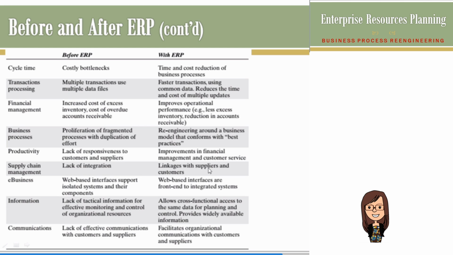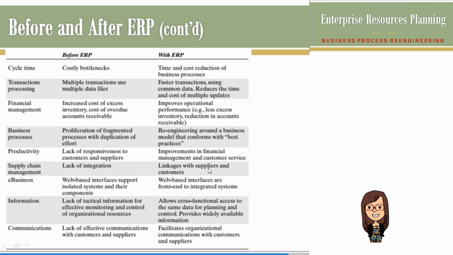So when we use the ERP system, it's not necessary anymore that the data can only be accessed inside the company. By having an ERP system and then moving to e-business, our data can be accessed from outside the company. And if, let's say, we have another branch in a different location, it's also easier for us to maintain the connectivity.